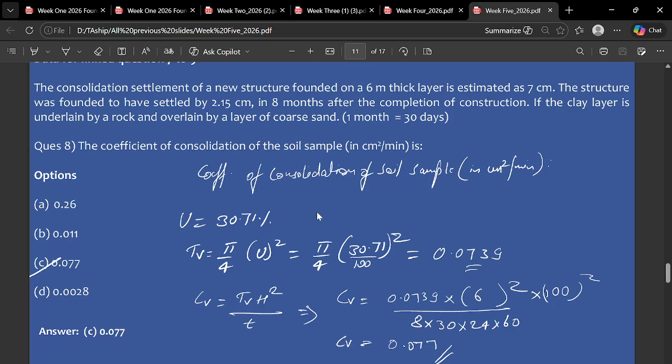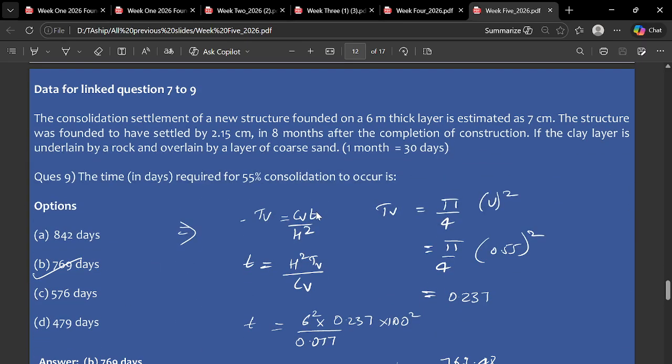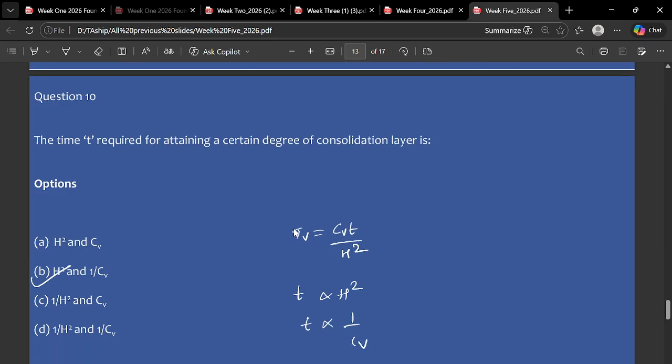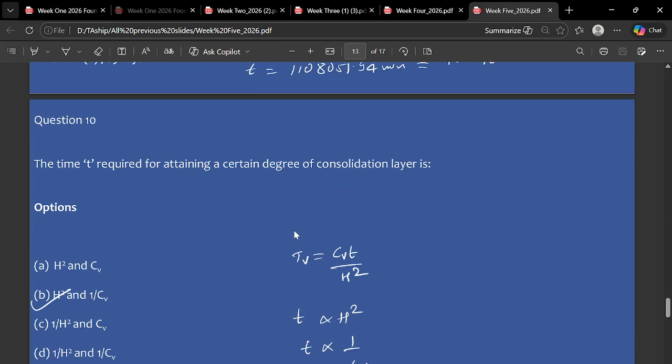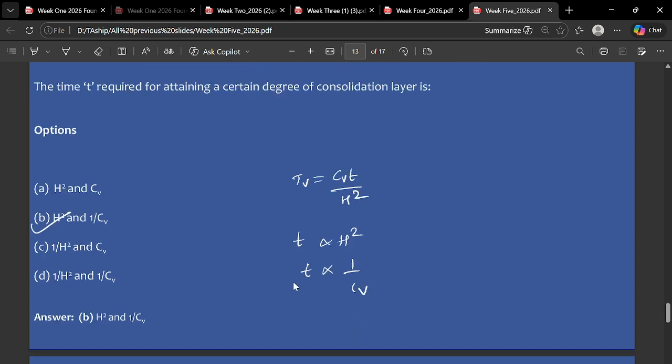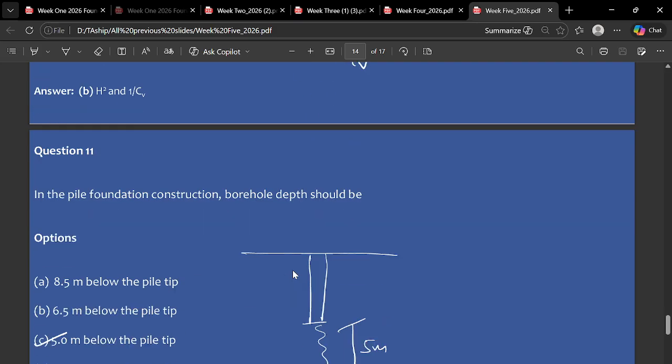Next it talks about the coefficient of consolidation of the soil sample. Then again, the time factor will help you calculate the coefficient of consolidation. Then you have the time required for attaining a certain degree of consolidation, and how it depends upon the thickness of your soil.